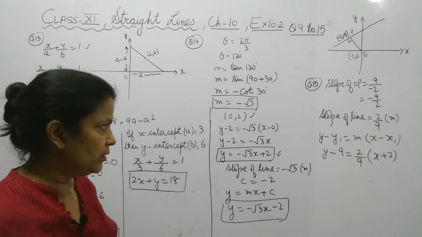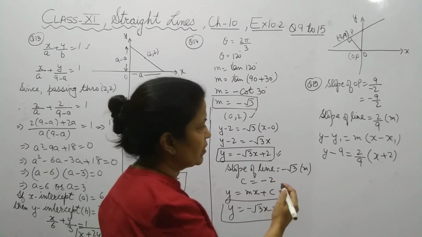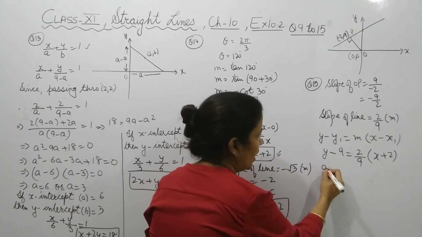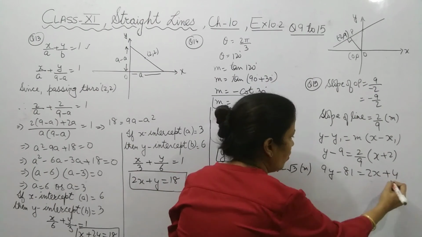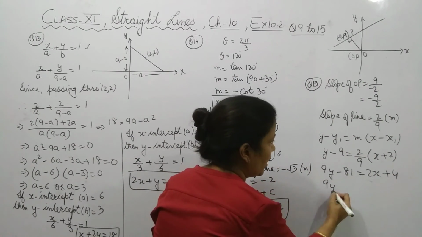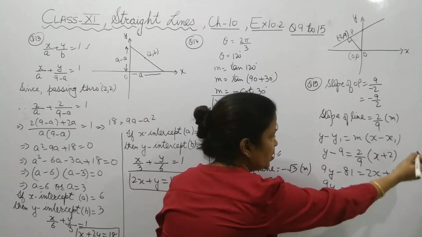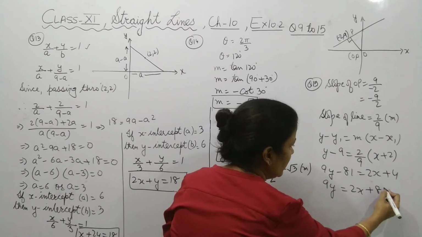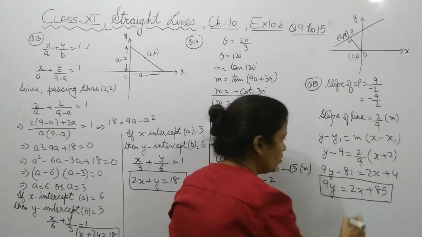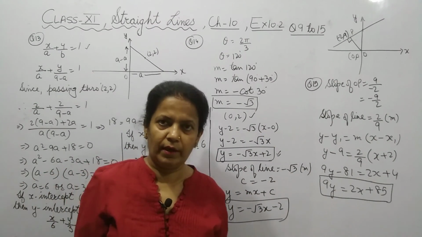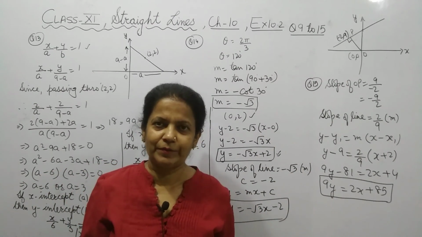Is it clear? Okay. Now we will solve it. 9y minus 81 equals 2x plus 4. So 9y equal 2x, shift it on the other side, it will become 85. So this is the equation of the line which we had to find.